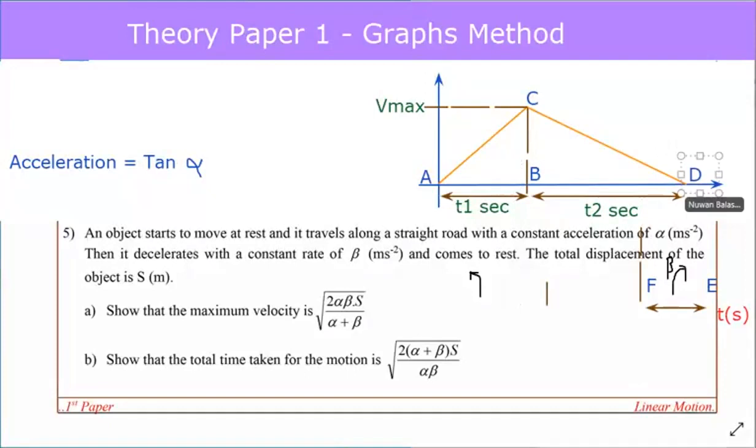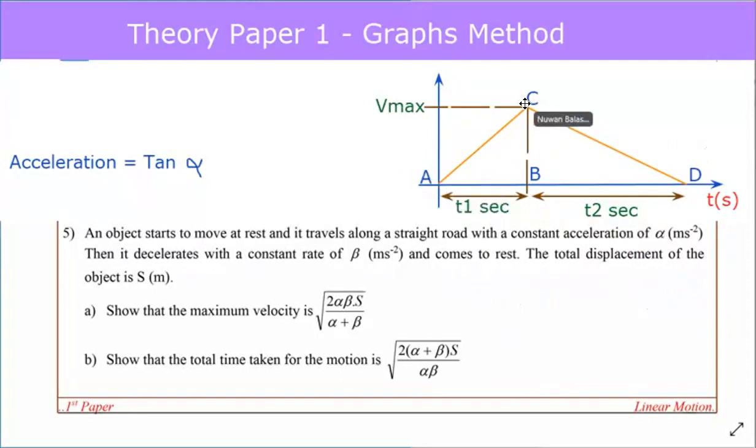Now you have enough space to read the question properly, right? Now read the question, check whether you can understand the shape of the graph. An object starts to move at rest, starting velocity 0, and travels along a straight road with a constant acceleration of alpha.